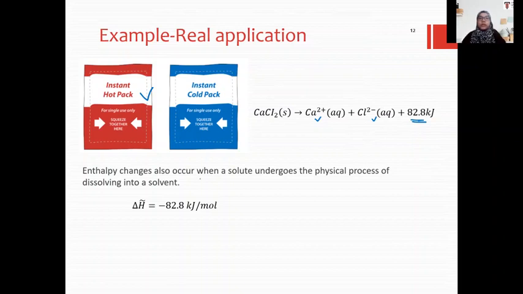So the enthalpy change occurs when the solute undergoes the physical process of dissolving into the solvent. We can obtain the heat of solution equal to minus 82.8 kilojoules per mole. So the heat of solution is described based on the heat change per 1 mole.